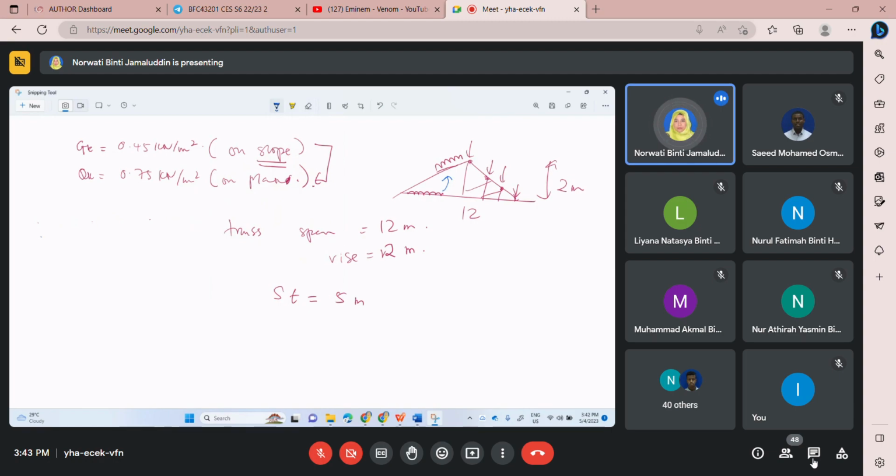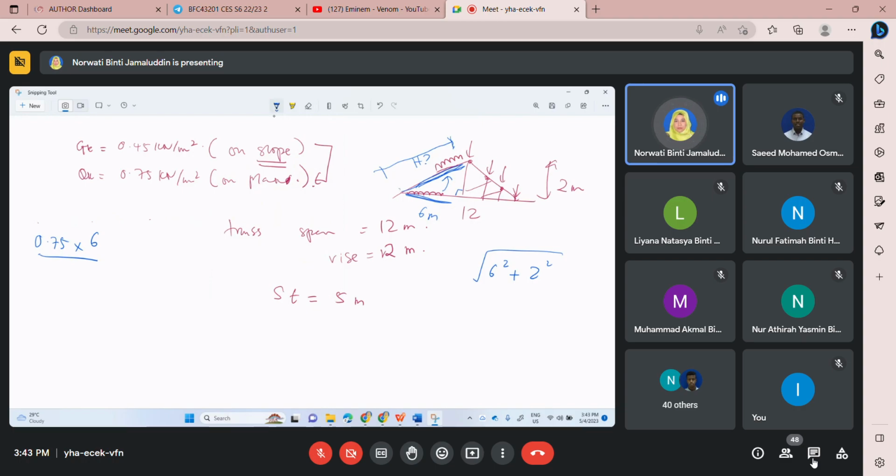So it should be 0.75 times this 6 meter divided by this one, hypotenuse. What is the value of hypotenuse? 6 power of 2 plus 2 power of 2 and then square root.